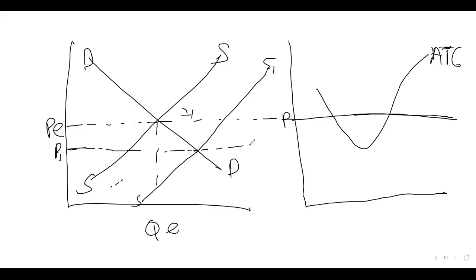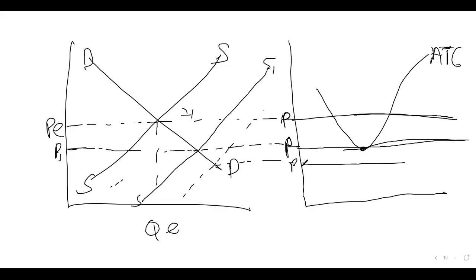Once it pushes the price down, the demand curve of a single firm will also shift down like this, since the prices have gone down. Now, further increase in supply will lead to further reduction in prices, up to the point where the price will become lower than the average total cost. So at this point, the firm will have to shut down.